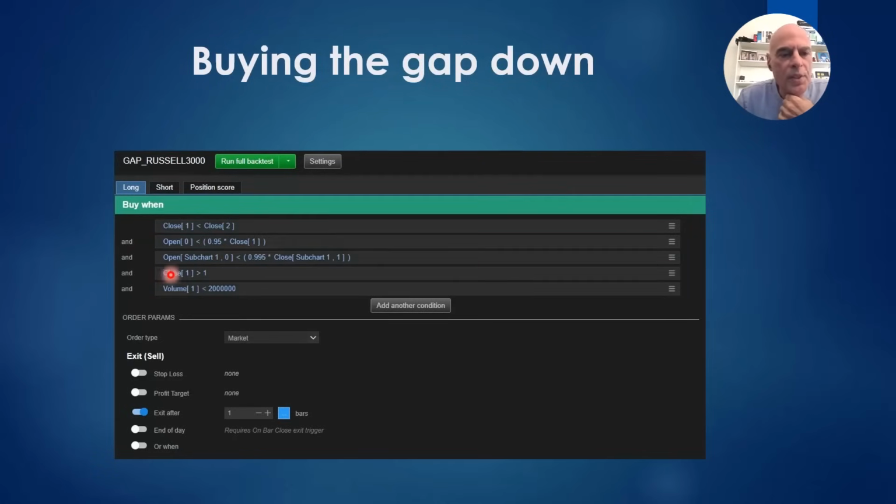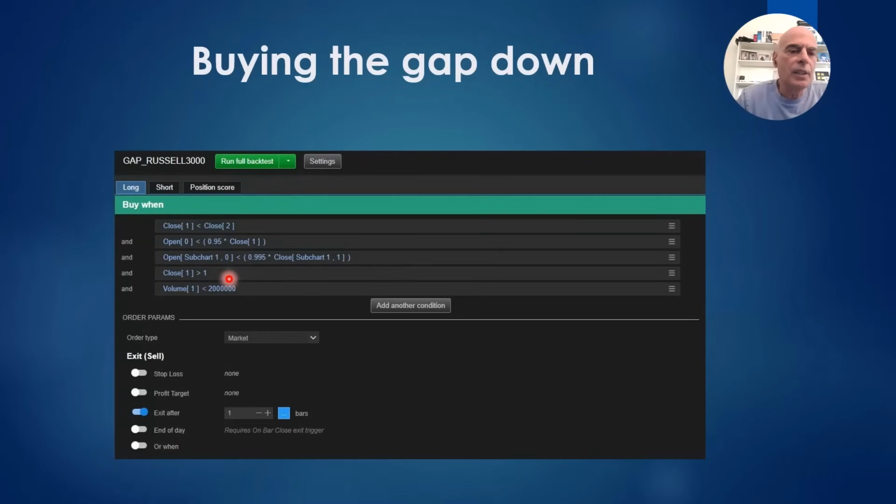And here, this statement has a subchart 1, and in subchart 1, I have the SPY ETF. So we're saying here that if the open is less than 0.5% of the close of yesterday of the SPY ETF, then it's a valid condition.